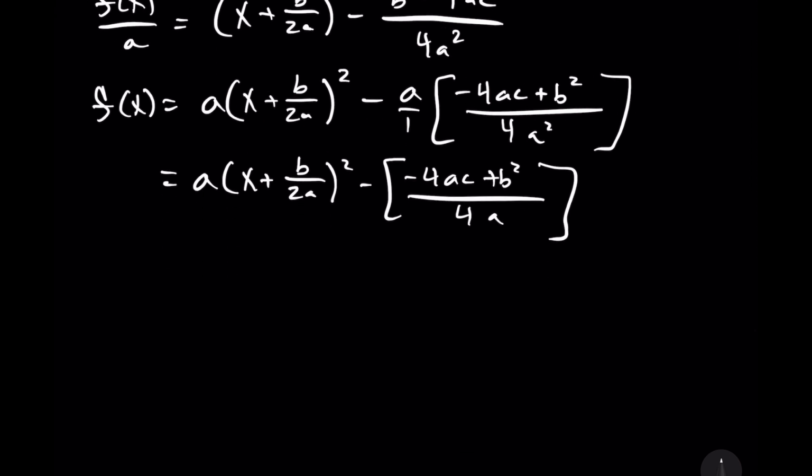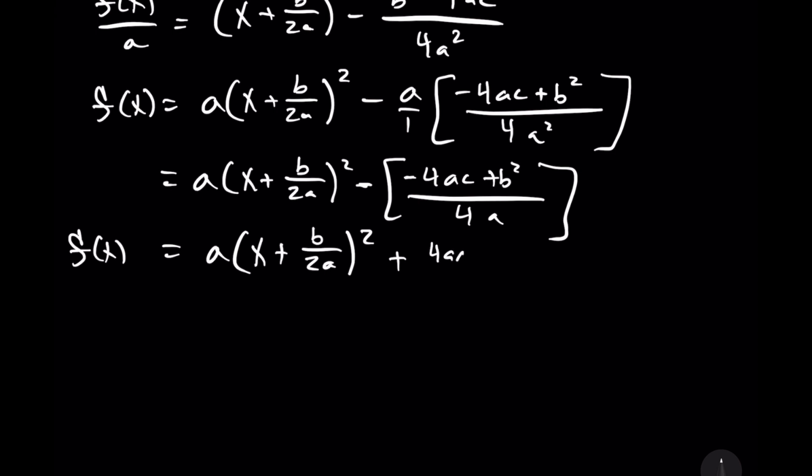Let's deal with these negatives here, because I don't like that. So f of x is equal to a times x plus b over 2a, quantity squared. So I want a plus there, so I can do it this way. So that's plus 4ac minus b squared over 4a.